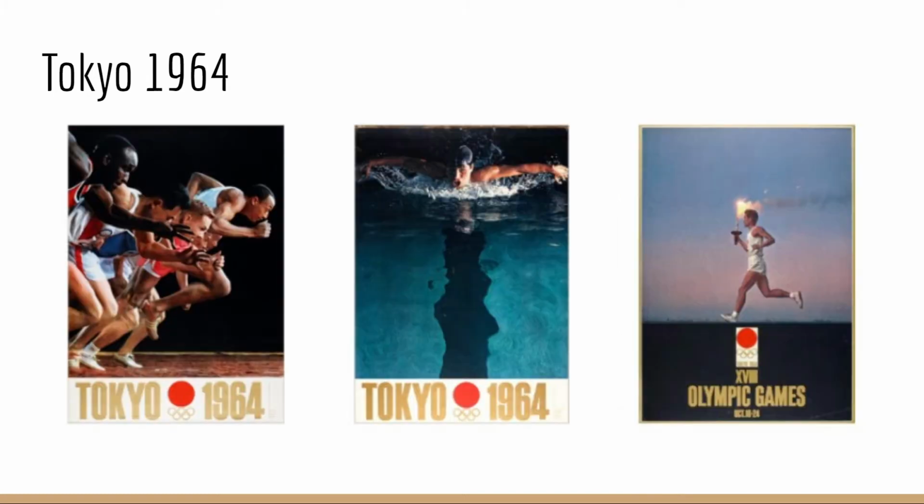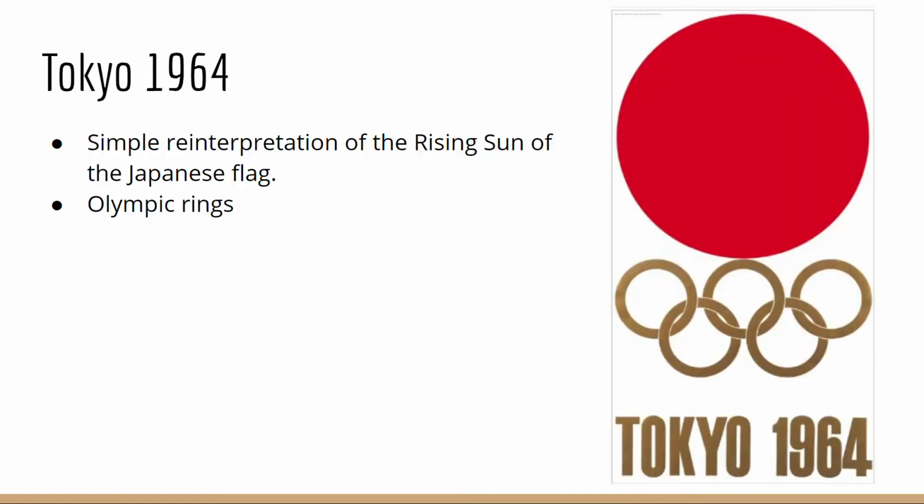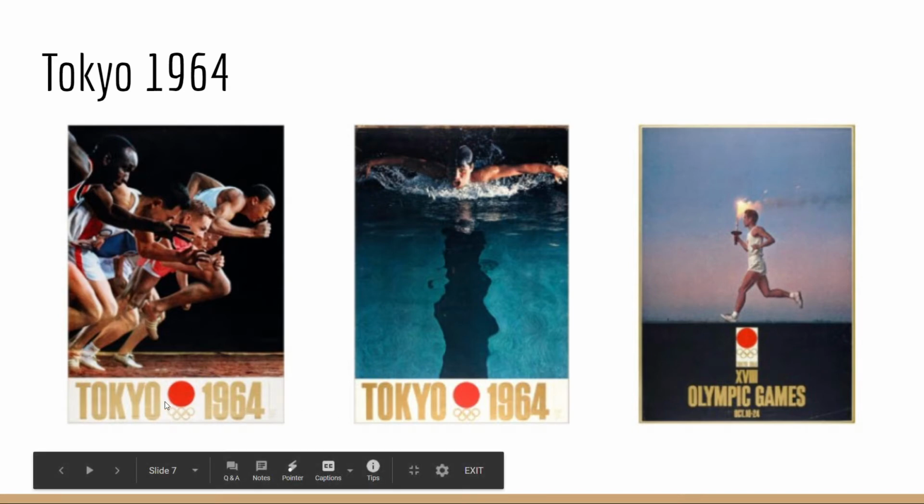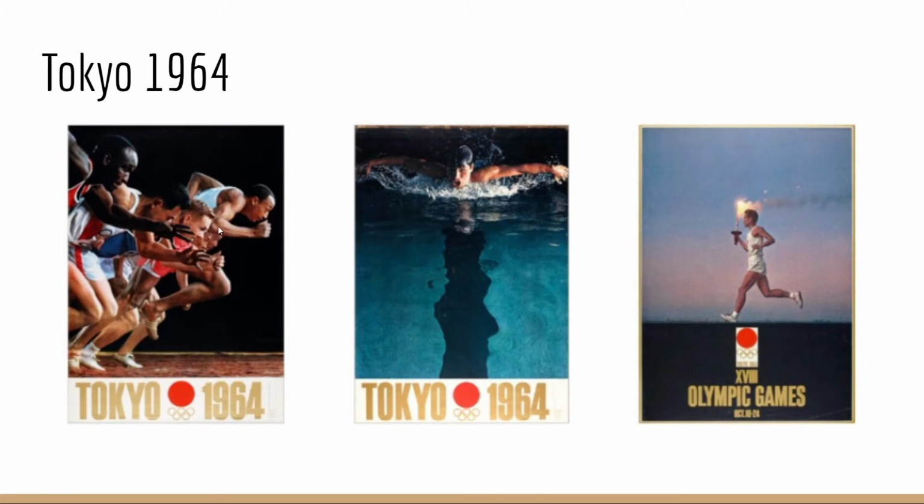But also in this year, in Tokyo 1964, they started not only to do the main poster for the Olympic Games, but to add some posters for some individual sports that are happening during the Olympic Games. And you can see that they always put the name of the city, the main poster right here, but then the sport, a photograph of the sport that's happening.